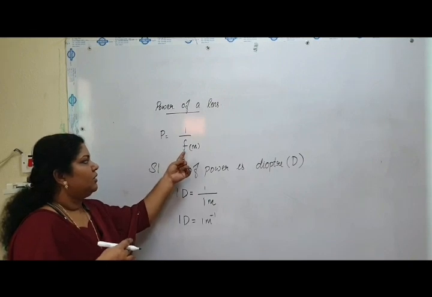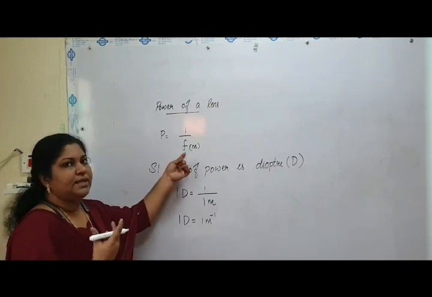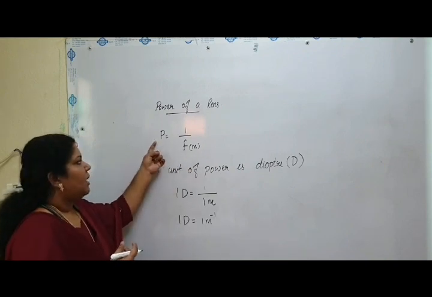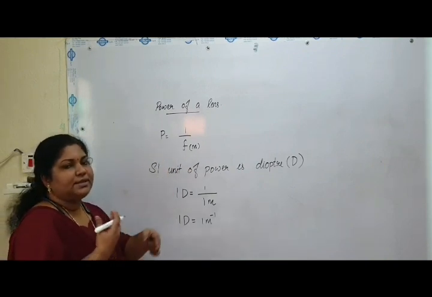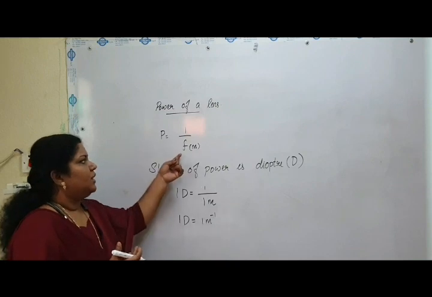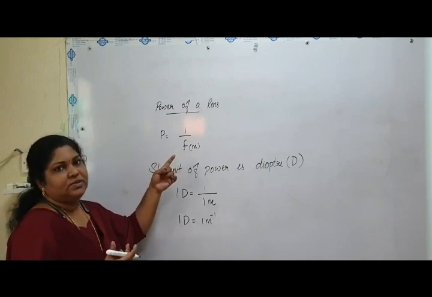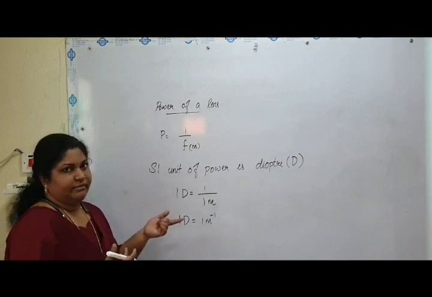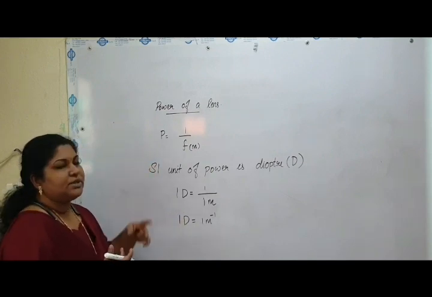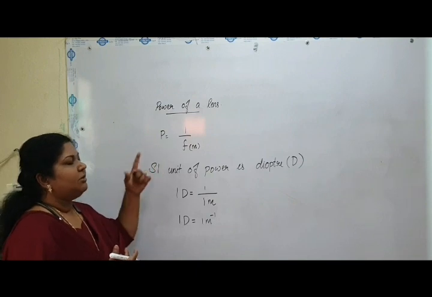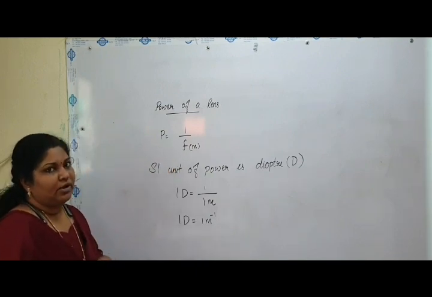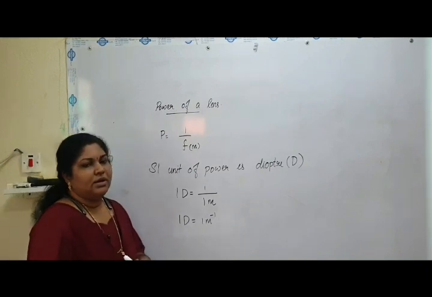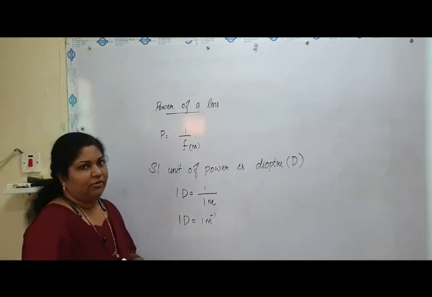So here, if the lens which we are using is a convex, focal length will be positive. So power also will be positive. If your doctor suggested a positive one, it will be a convex lens. If he has suggested a negative power, that means you are using a concave lens, because focal length will be negative for a concave lens. So this is how we find out the power of a lens.